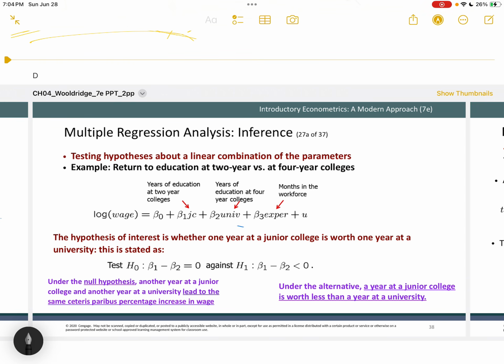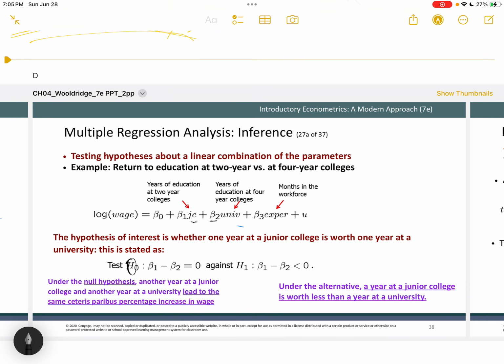Okay, let's jump in. So here we are working on testing hypothesis about a linear combination of parameters. The example that we are using is return to education at a 2-year college and at a 4-year college. So the hypothesis of interest is whether a year at a junior college is worth a year at a university, meaning we take the beta on JC and the beta on university, and we find beta 1 minus beta 2.